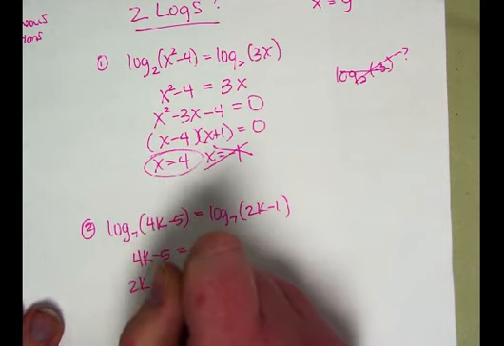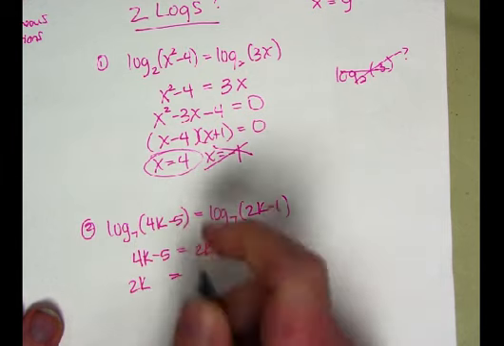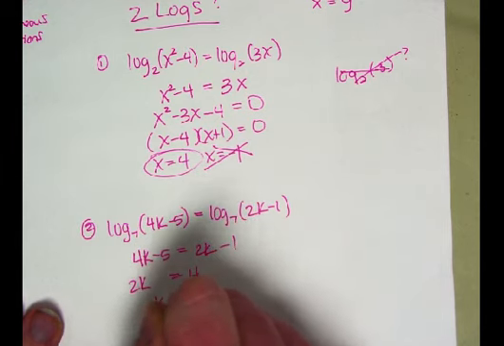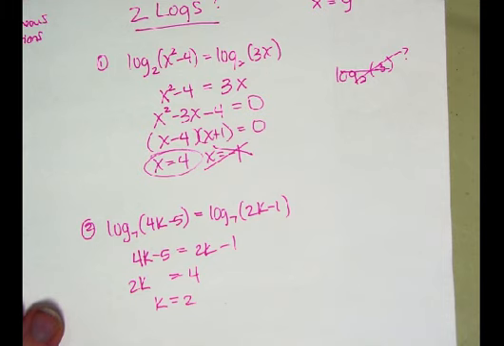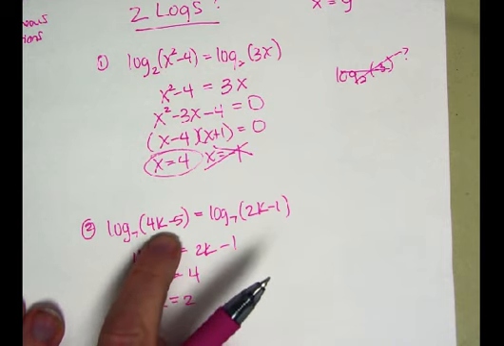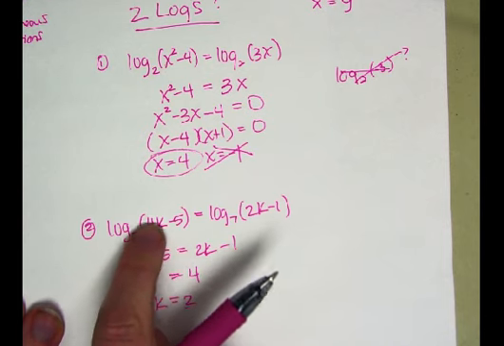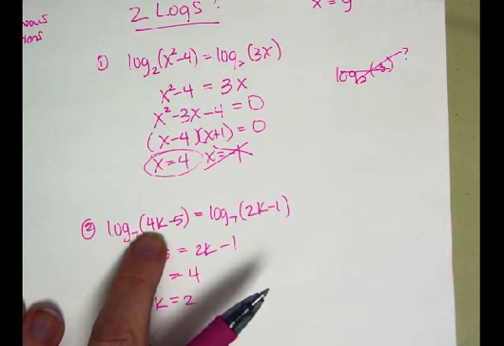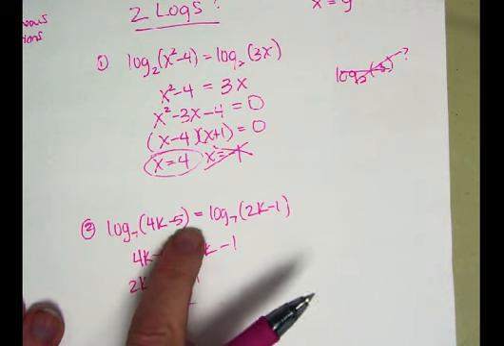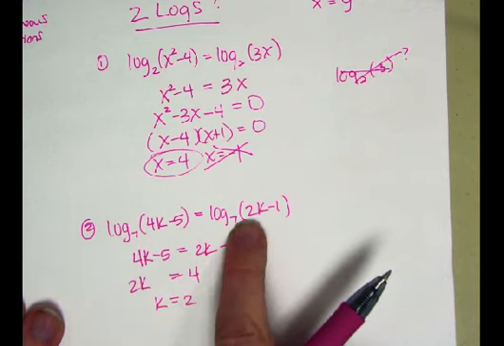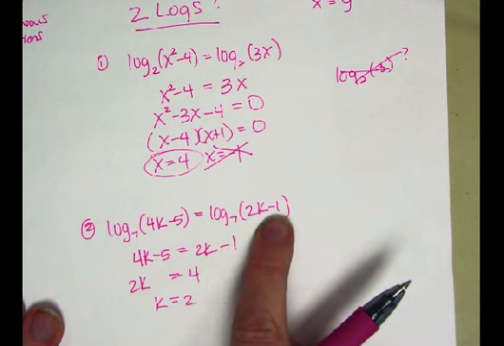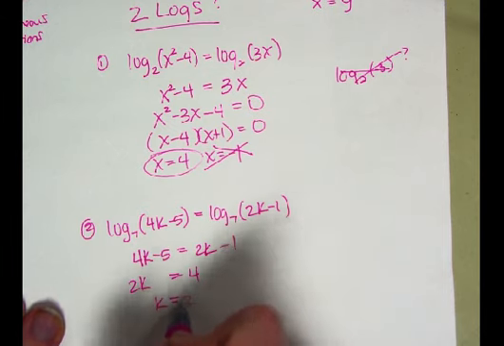Subtract 2k and then add 5, divide by 2, get k equals 2. We want to make sure when we plug in that value of k that we get a non-negative argument. So 4 times 2 is 8. 8 minus 5 is 3. 2 times 2 is 4. Minus 1 is 3. Both of those arguments are positive.